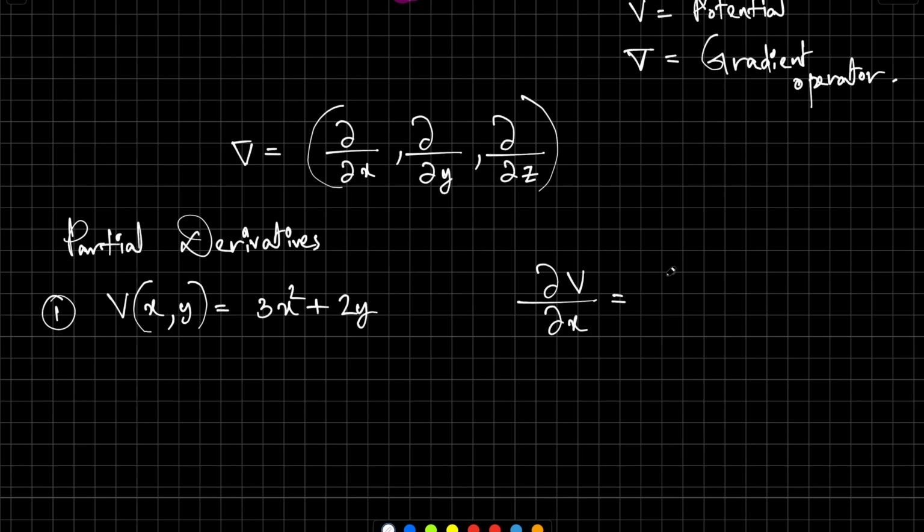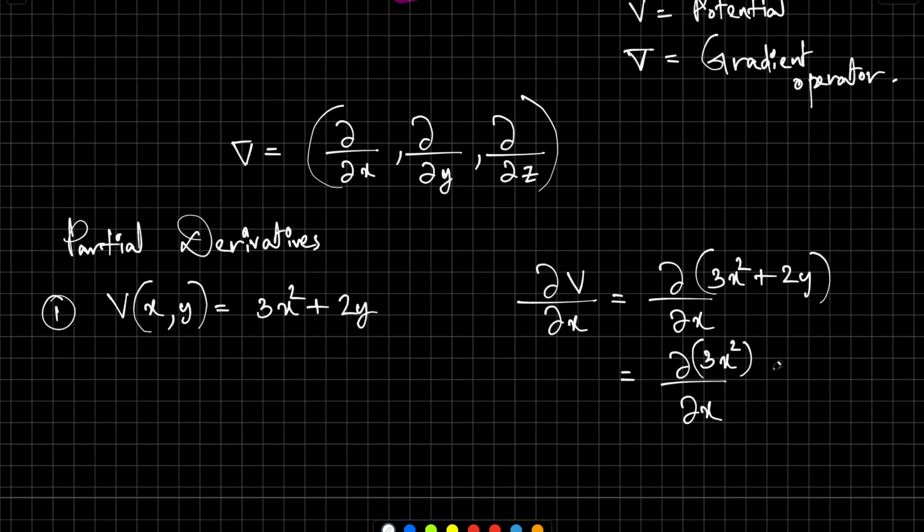So dou by dou x of this whole function, 3x square plus 2y. Open the bracket, dou by dou x, split the differential, 3x square plus dou by dou x of 2y.